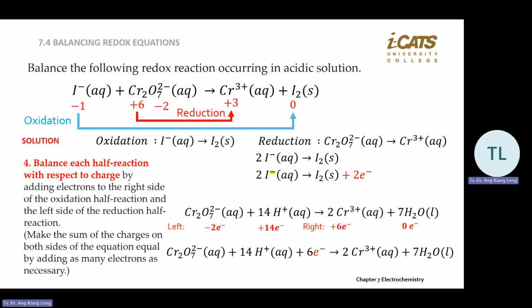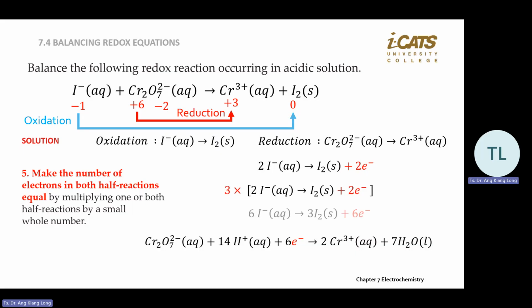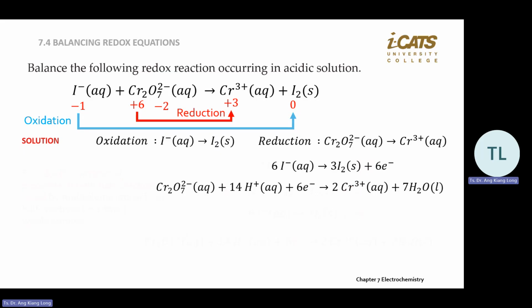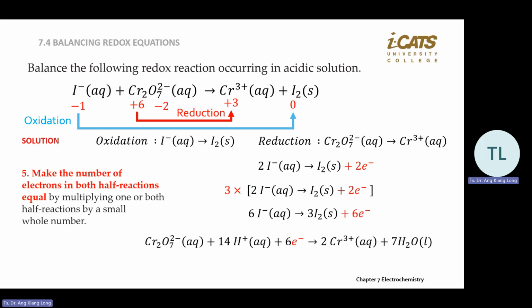Then you pull the two equations together, solve simultaneous equation. Simultaneous means find the common coefficient. In this case is 2 electron and 6 electron. So the maximum common electron is 6. So you multiply the iodine half equation with 3, you get 6 electron.